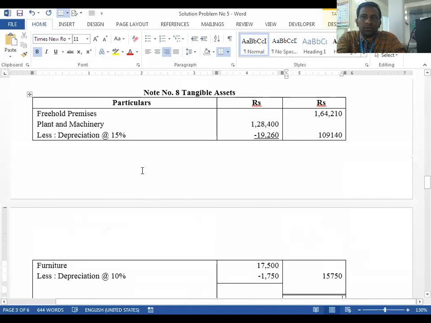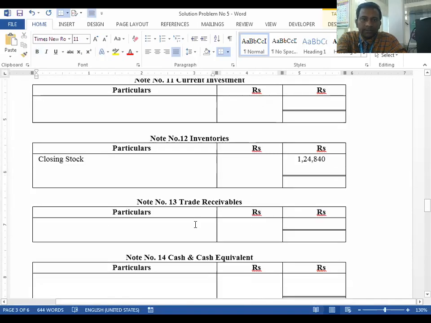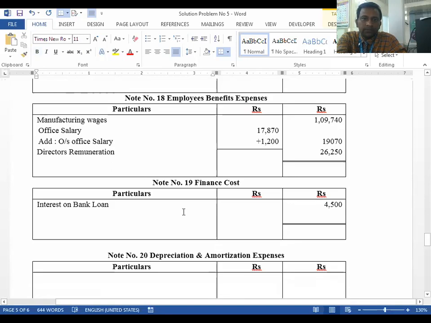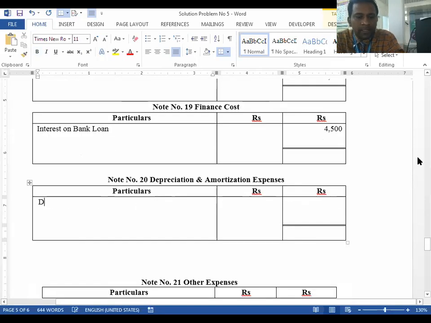Now the amount of depreciation should be transferred to the profit and loss account. The first effect is we deduct the depreciation from the respective asset. Second, we transfer such depreciation to the profit and loss account under expenses, under the notes depreciation and amortization. So what is the amount of depreciation on plant and machinery? 19,260.